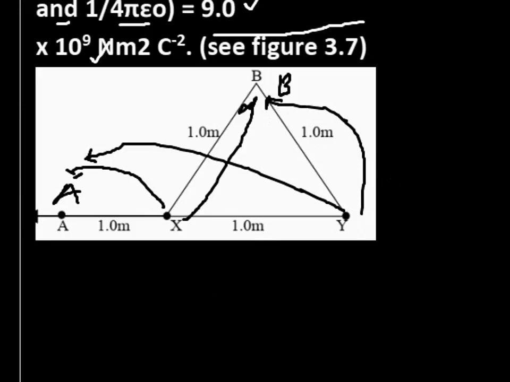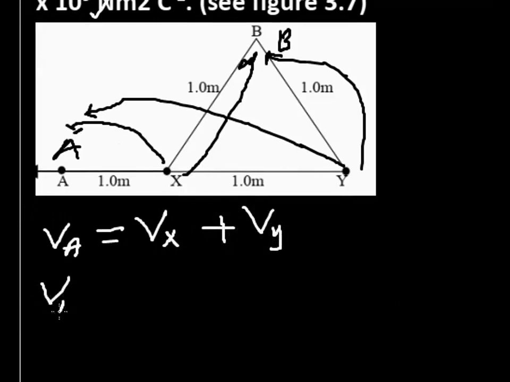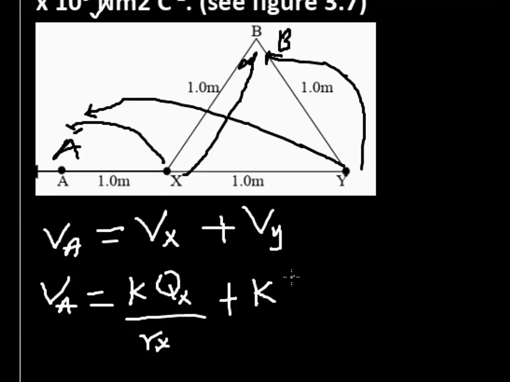The potential at point A, so VA. If I'm looking for VA, of course that's going to be the sum of Vx, the potential due to X, then the potential due to Y. That's going to be K Qx divided by the distance of X, Rx, plus K Qy.